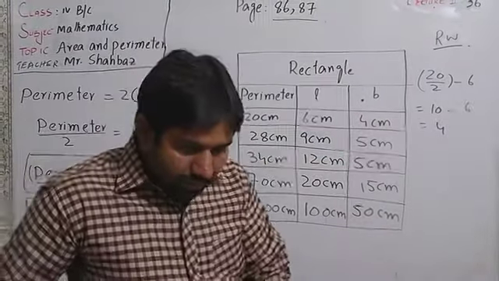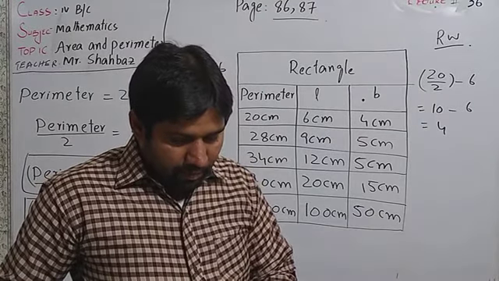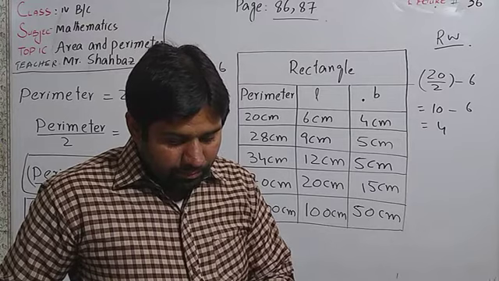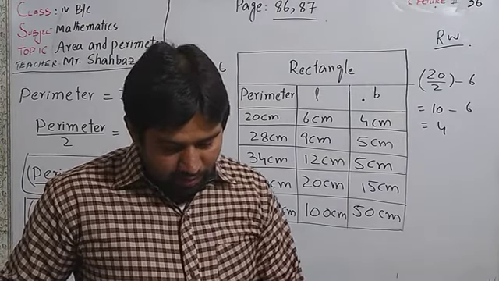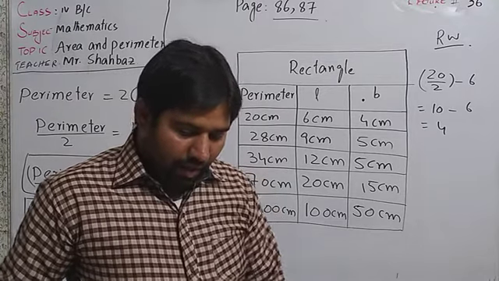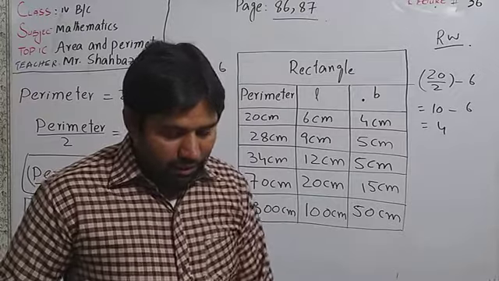Next, question number 7. Now solve these problems in your notebook. A rectangle is 15 centimeter long and 7 centimeter wide. What is its area? You know the formula of area. So first of all, I write question 7.